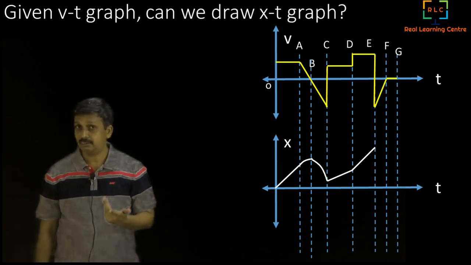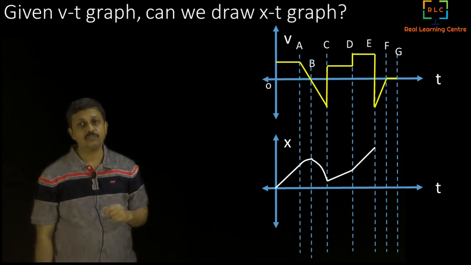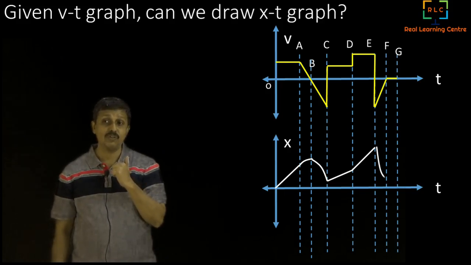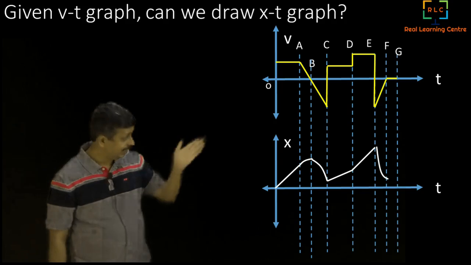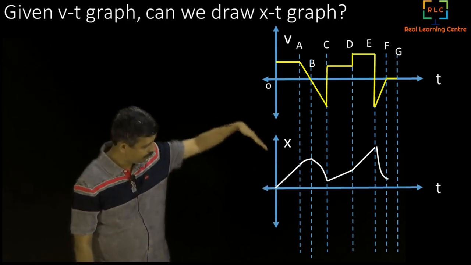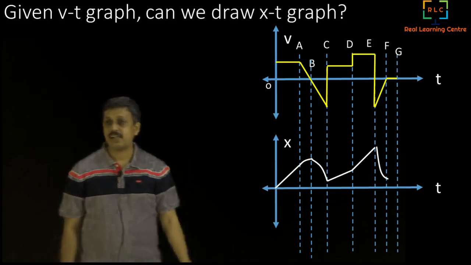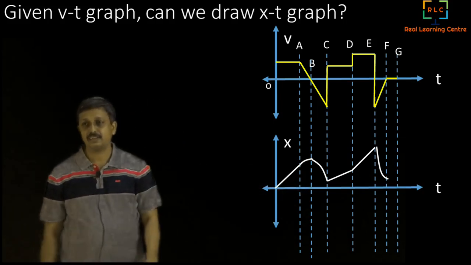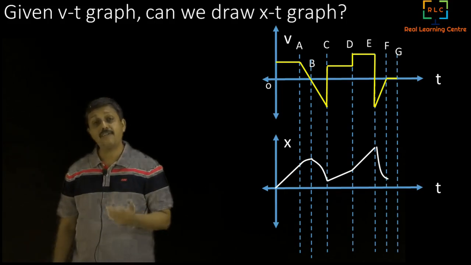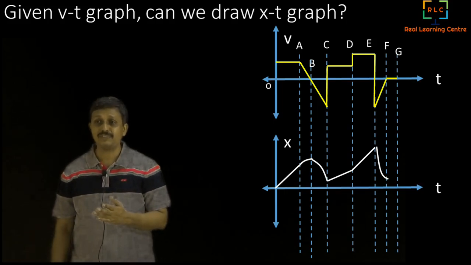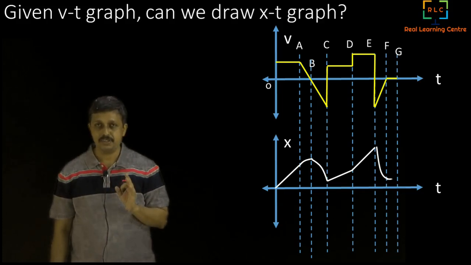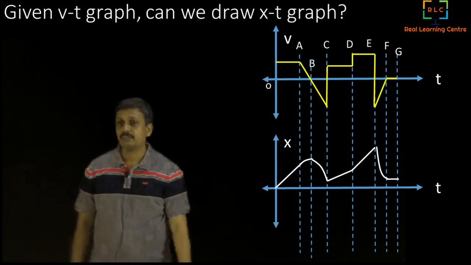It has a certain velocity, and that velocity is continuously decreasing, so the slope becomes lesser and lesser. From F to G, it is moving with zero velocity, meaning it is just standing, so we have a horizontal line from F to G.